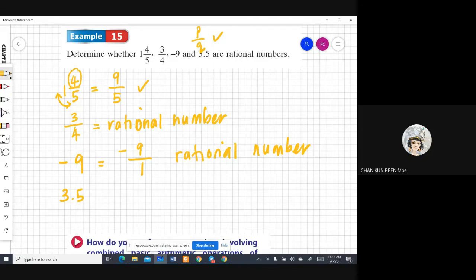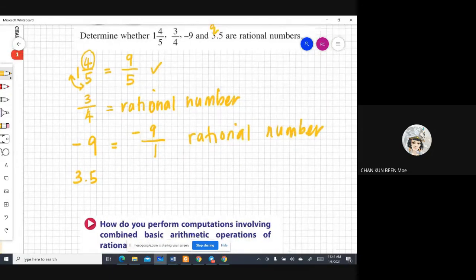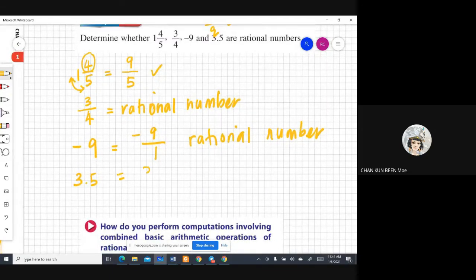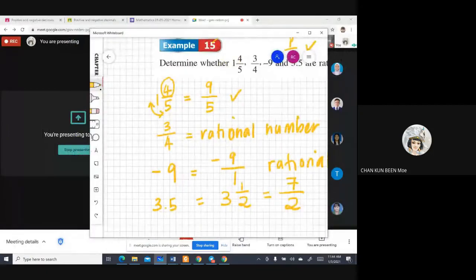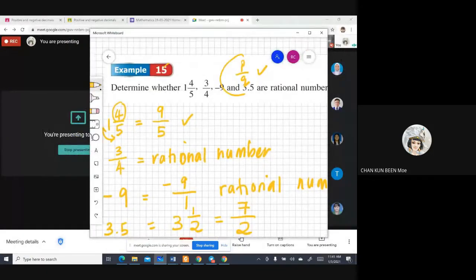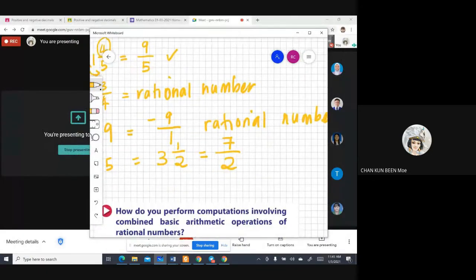Is it a rational number? Yes, we can change 3.5 to the form of an improper fraction. 3 times 2 is 6, 6 plus 1 is 7, so 7 over 2, it is in the form of P over Q. Therefore, it is a rational number.